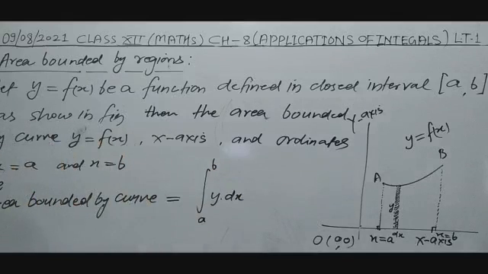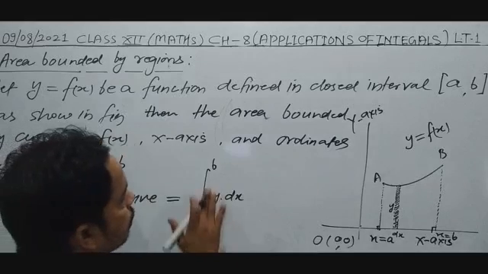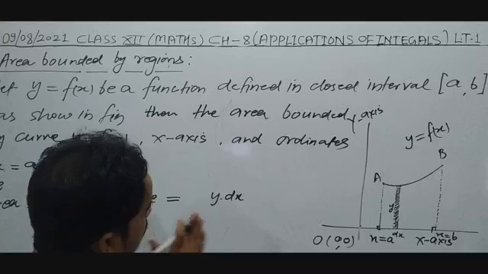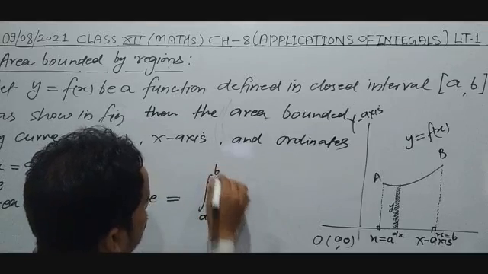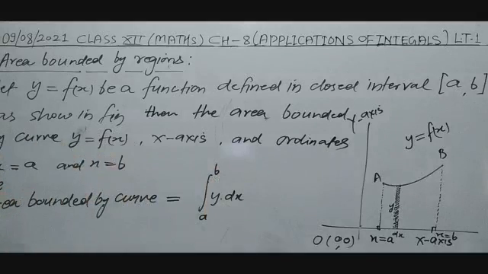This is the formula to calculate the area bounded by the curve y is equal to f(x) from a to b.